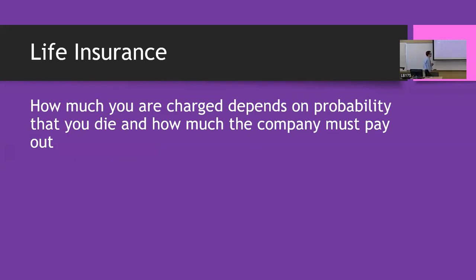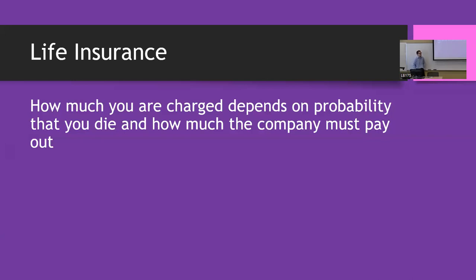So we're going to look at this in one of the easier scenarios, and that's the scenario of life insurance. Hopefully everybody understands what life insurance is. It's an insurance that I can purchase, and how it works is if I die, then my family gets the payout.